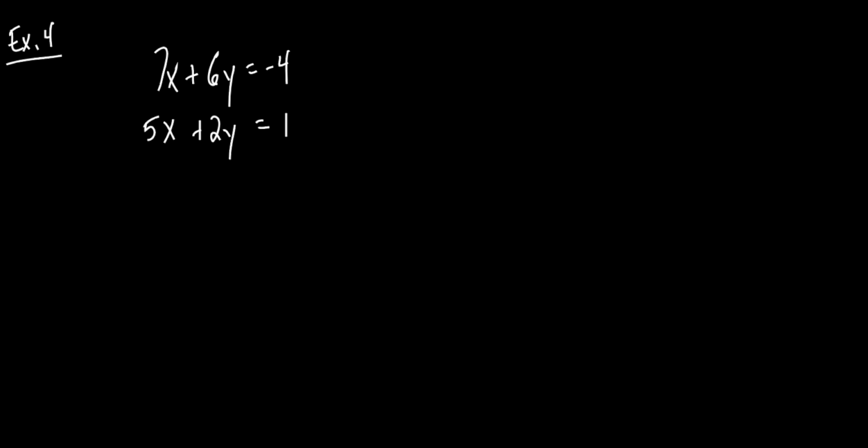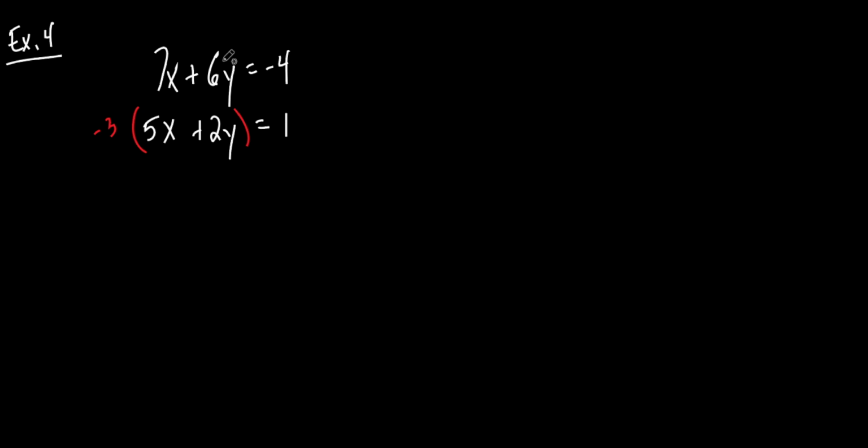So here's what I'm going to do. Now, I can't just change this one. I have to change the whole thing. So what am I going to do? I'm going to multiply this by what? A negative 3. Why am I multiplying everything by a negative 3? Because it's going to turn that into a negative 6y.